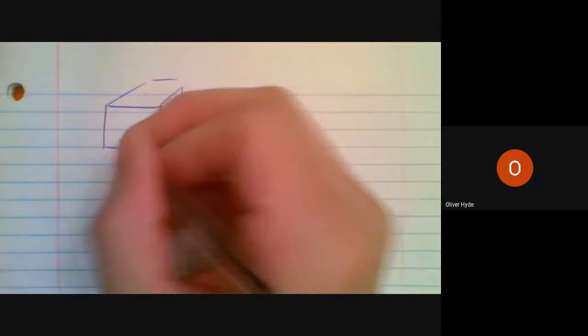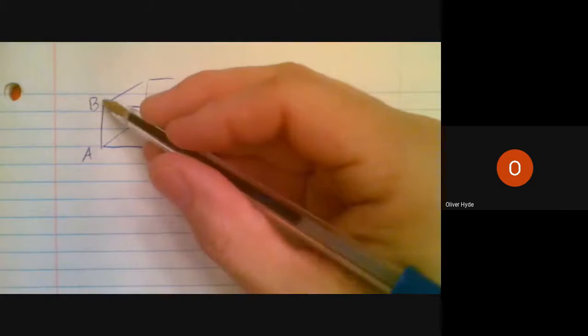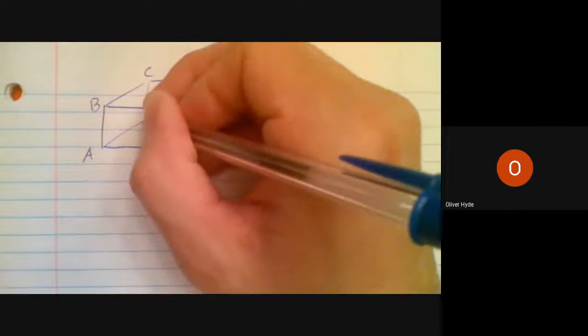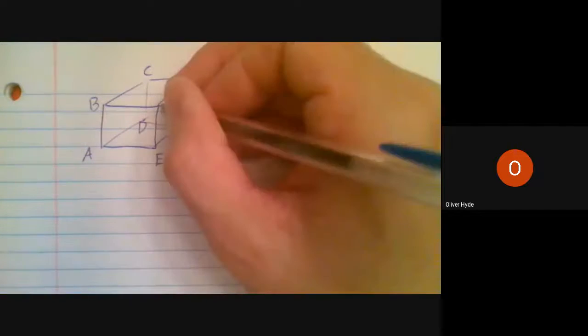So here, I said I was going to make it a face. A, B. If I decide to put B there, C could be here or here. I'm going to put it over here, and then I'll put D down there. And now A, B, C, D, E has to be here, F has to be there, G has to be there, and H has to be there.